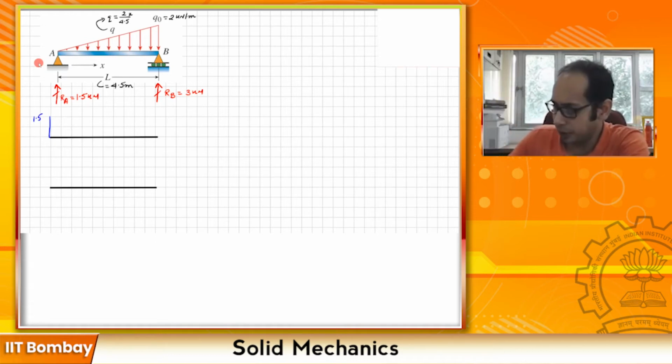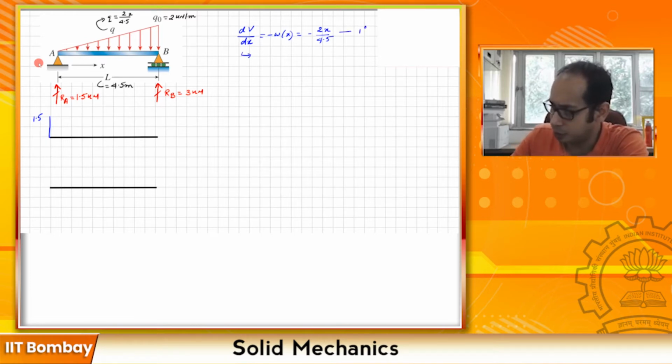Now, how is the variation going to be? Let's look at the relationships. We know that dV/dx, just recollect the relationships which we have, is minus of w as a function of x, which in this particular case is minus 2x divided by 4.5, which is degree 1.